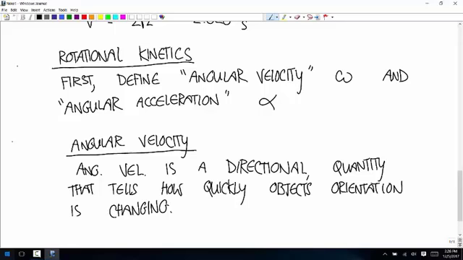And now with rotational motion, I'm not talking about whether the point that you choose to define where I am is moving in a circle. It's just about whether my orientation is changing. So before we were talking about this thing, now we're just talking about this thing. And you can have both of those happening at the same time.